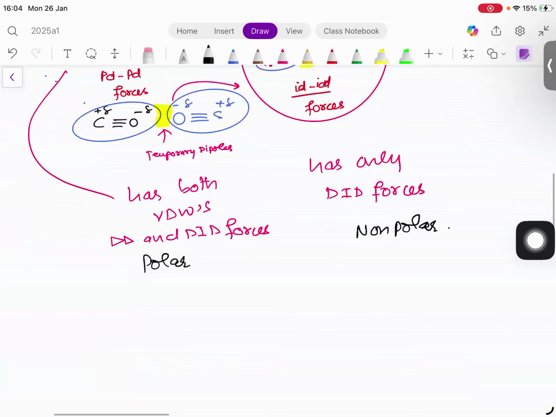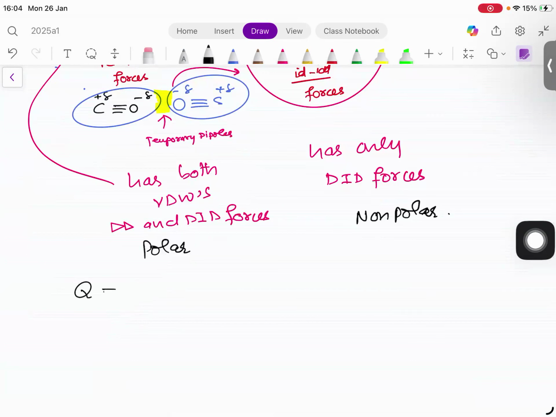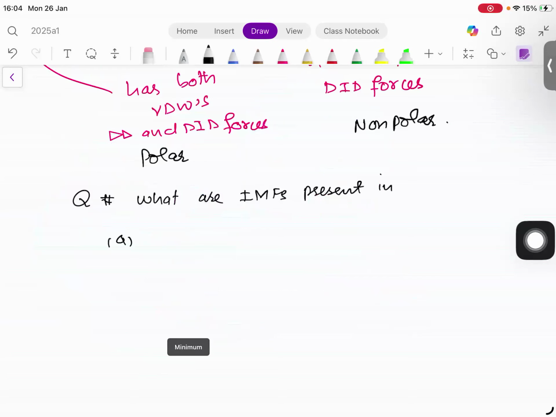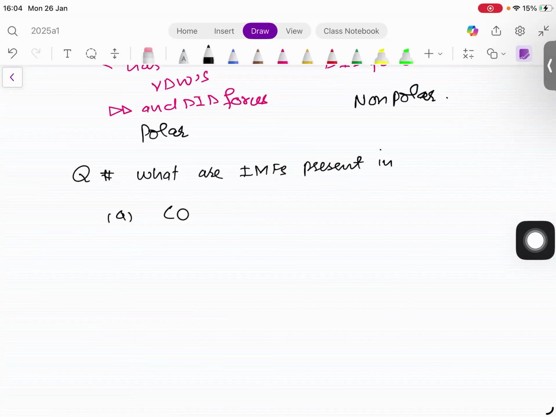Now, what the examiner may ask you, for example: what are the intermolecular forces present in A, carbon monoxide, B, HCl, C, carbon dioxide, D, ICl?